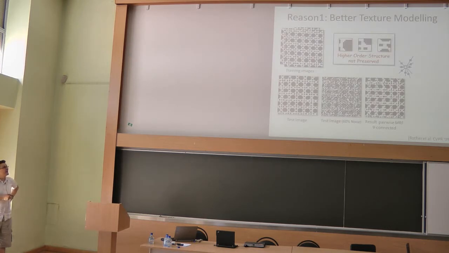I had these texture images before, where I think this was the best result with a 9 connected. So in recent work we've done, and you have to read the paper to get the details, the idea is that we have higher order potentials of that size here. So these are patches of the size, I don't know, 9 by 9. And what you simply say is that these factors, you prefer to choose them, but you don't have to choose them.